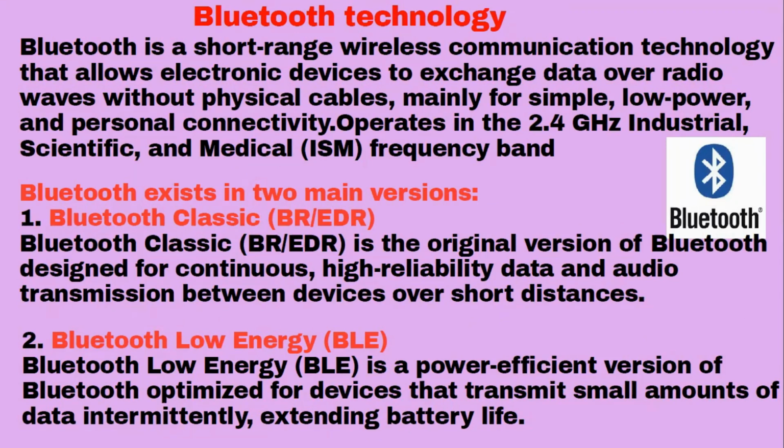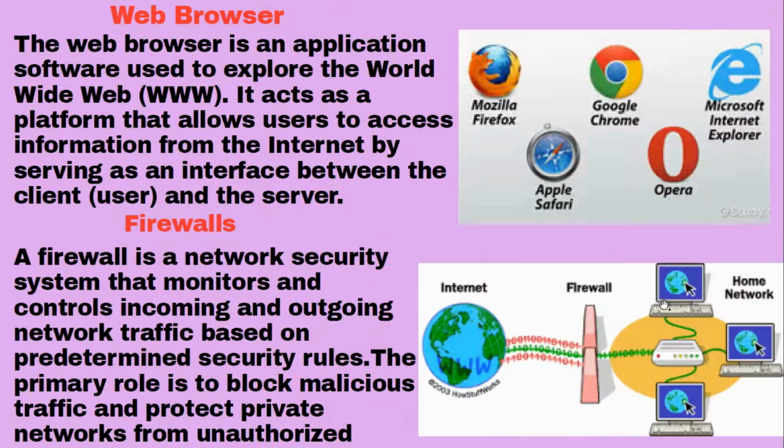Bluetooth exists in two main versions, Bluetooth Classic and Bluetooth Low Energy, called BLE. Bluetooth Classic is an older version with shorter distance, whereas Bluetooth Low Energy is the latest version, which has more battery life. Here I have given you the symbol, which you have to remember. That is very, very important, that's why I have added it.